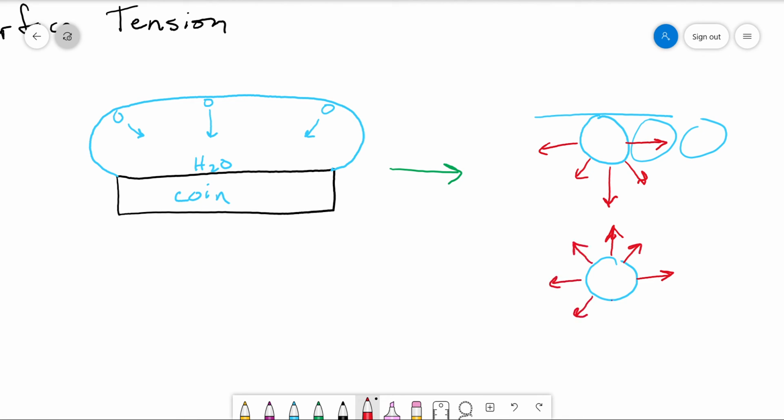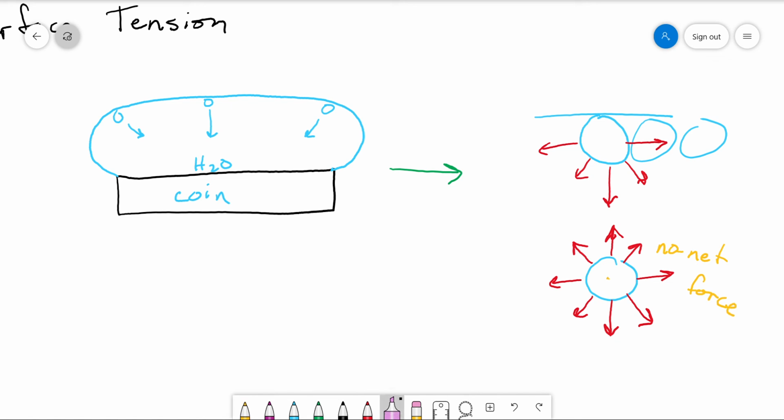And again, this obviously goes in 3D as well. We're just drawing it in 2 dimensions. But if we look at the net force, all of these arrows for this guy right here, they all cancel out. So there's no net force. Okay, it's pulled in every direction equally.